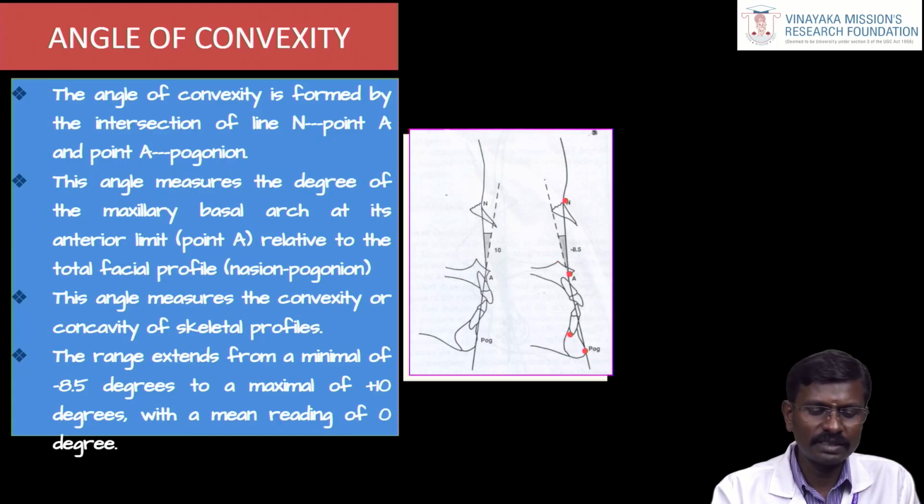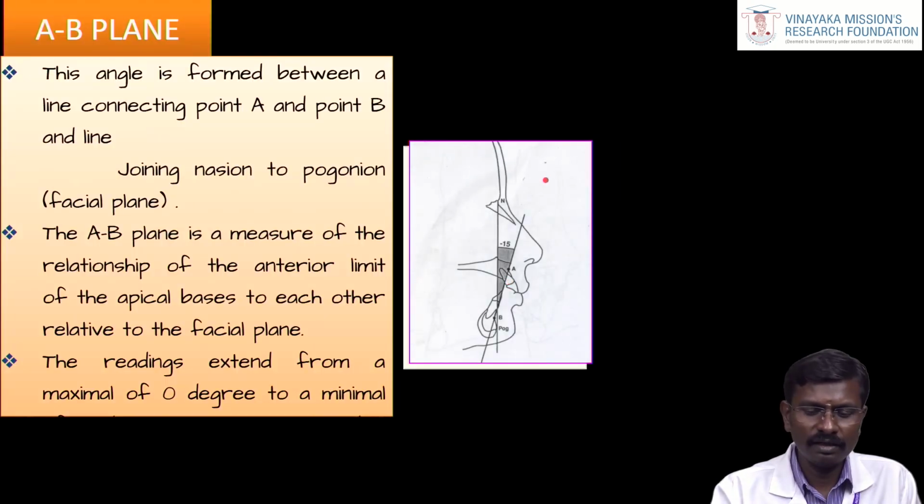This angle measures the convexity or concavity of the skeletal profile of a patient. The range extends from a minimum of minus 8.5 degrees to a maximum of 10 degrees. This shows whether the patient is concave or convex. The concave profile you can see in a class 3 patient, and the convex profile you can see in skeletal class 2 patients.